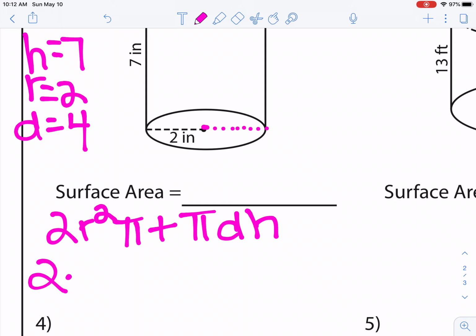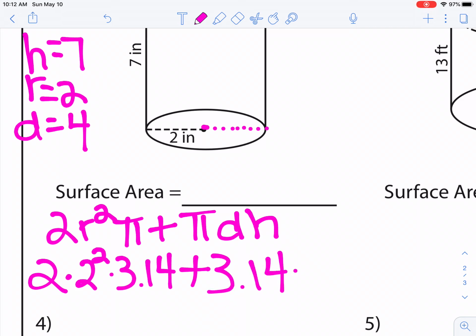Okay? So now we're just inserting those values that we need for this formula. So 2 times our radius squared. So 2 squared times 3.14 plus 3.14 times 4 times the height of 7. Okay, so you're going to use your calculator and you're going to multiply this out.